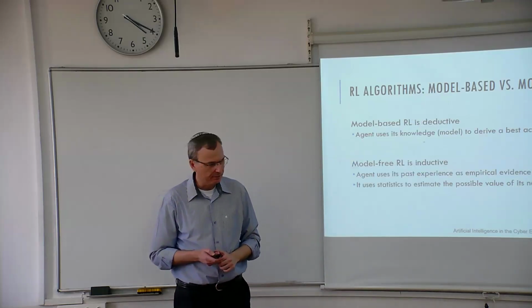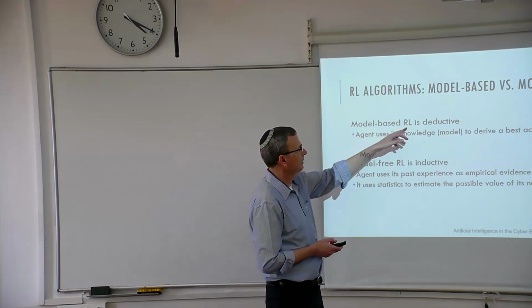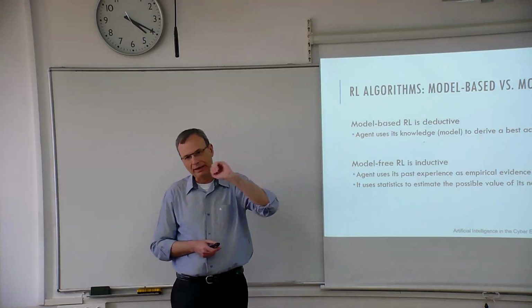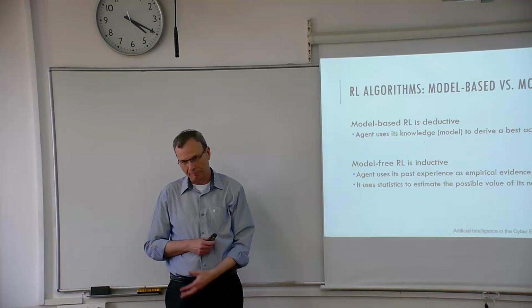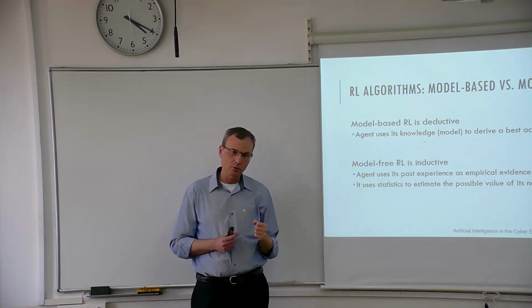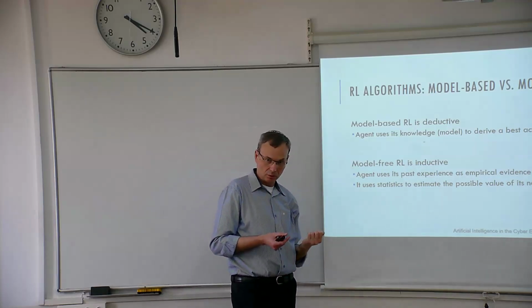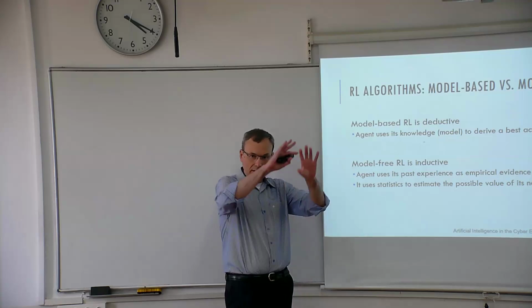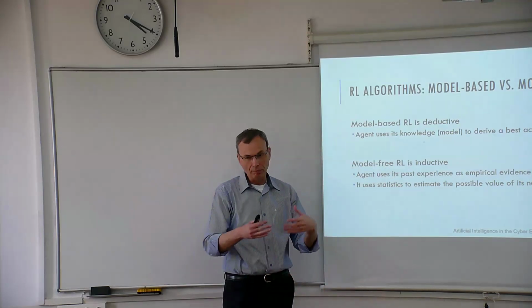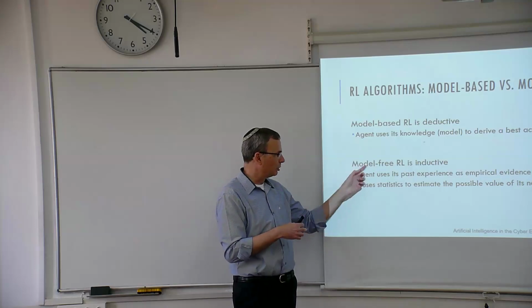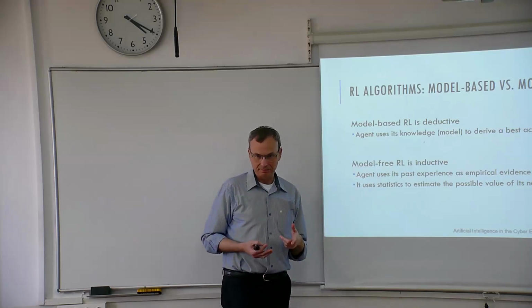Model-based is called deductive, because you have the general picture and then you deduce from it. So you need space to store the whole world and to plan in it. Model-free is inductive.